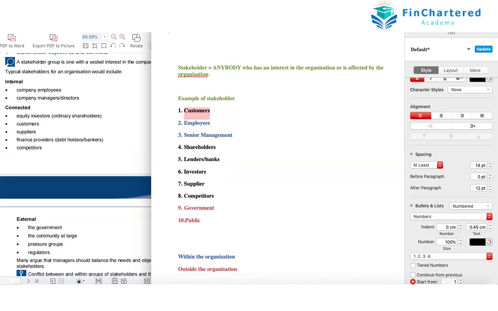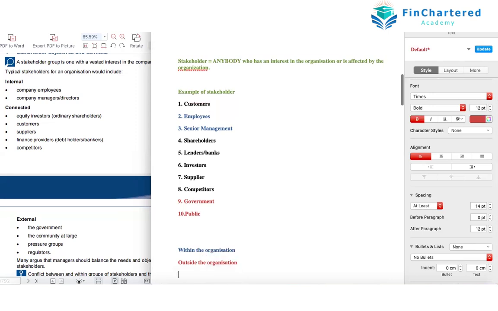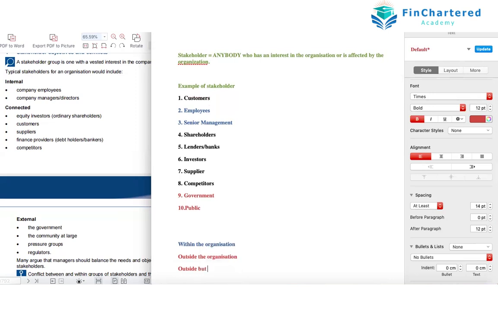You are outside, but every now and then you will come. Imagine the customer of a supermarket. Customer will be outside, but every day, every week, he will go and buy. He will get connected. So the people I've marked in black are people who are outside, but will regularly get connected with the organization.